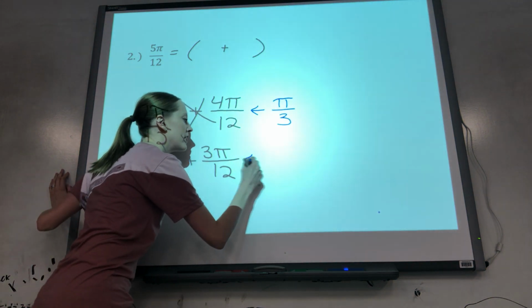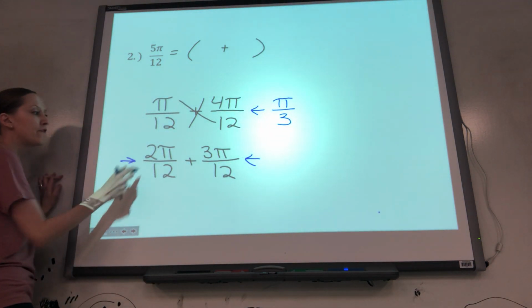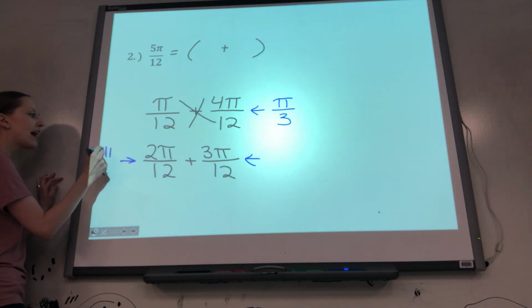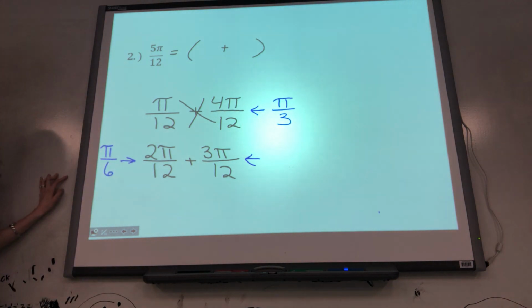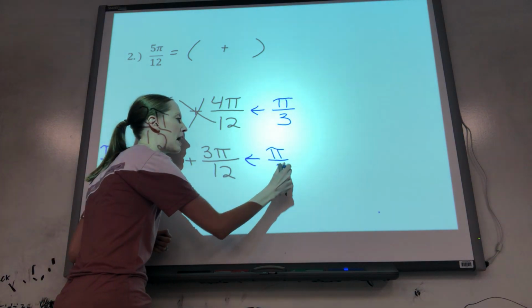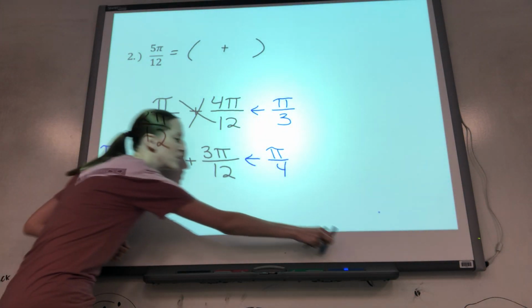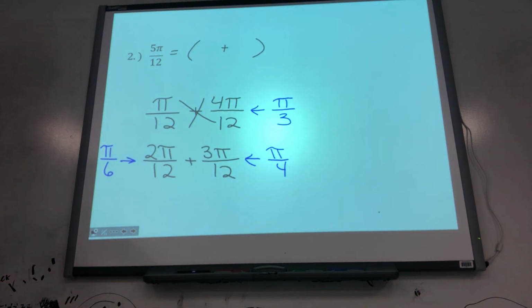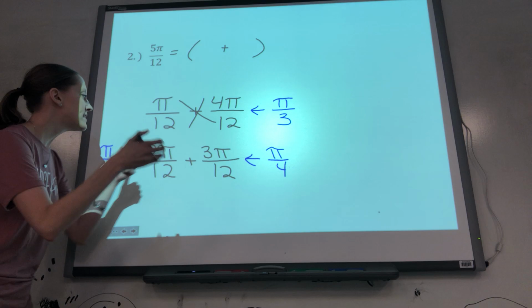Now let's think about these fractions. If you divide by 2 on top and bottom right here, that's the same as pi over 6. Is pi over 6 on our table? Yes. Divide by 3 on top and bottom over here, and you get pi over 4. Is pi over 4 on our table? Yes.